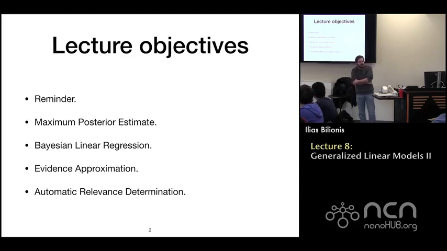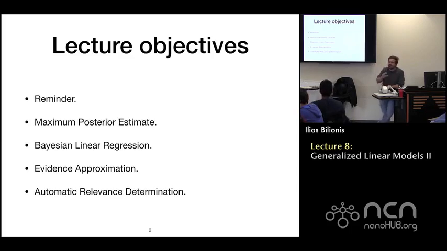Then we'll talk about Bayesian linear regression, which is basically the right way of doing inference in these problems, but we'll still need a way to say something about the hyperparameters of our model, like the length scale or the width of the radial basis functions, or which basis functions you should use, and so on and so forth, or even the noise.